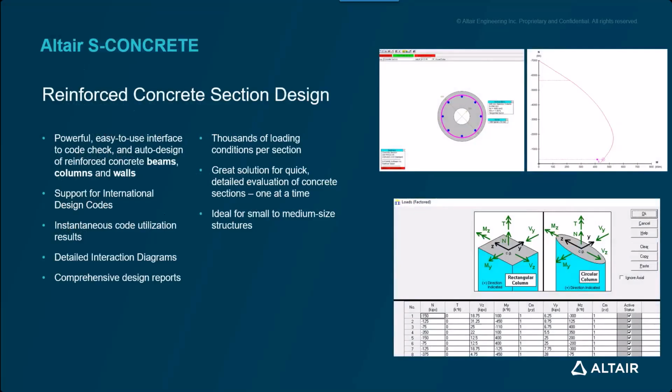What's really valued is not only the intuitive interface, but also the ability to handle a large amount of data. We have users that will send tens of thousands of different loading conditions into S-Concrete, and it will crunch those results and spit out the reports, which are detailed and transparent, and give them all the information that they would need that they may not necessarily get out of competitive solutions.